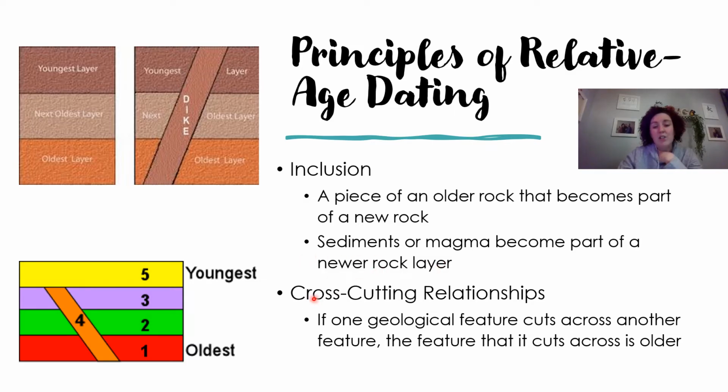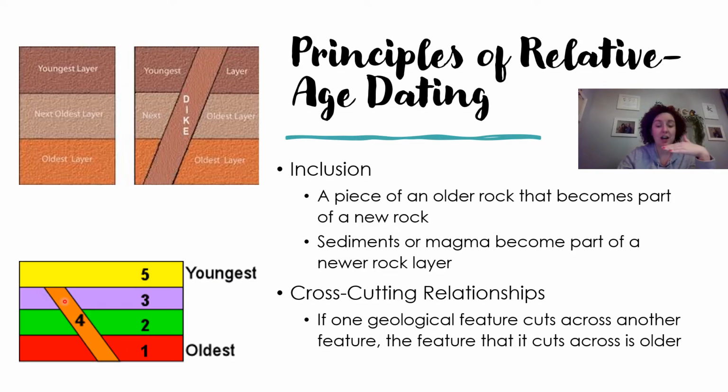That plays a part with this cross-cutting relationships. And that's if one geologic feature cuts across another feature, that feature that it cuts across is older. So what does that mean? That means 1 still had to be deposited before 4. Okay, 2 had to be deposited before 4 because since 4 goes across it, it has to be newer because these first 3 had to be there in place in order for 4 to cut across.